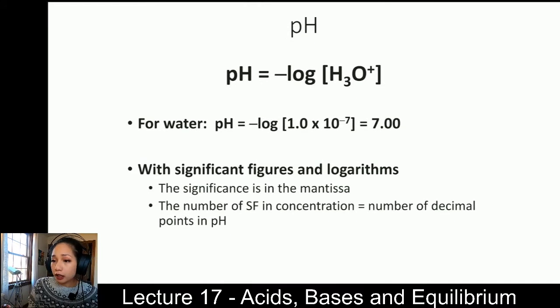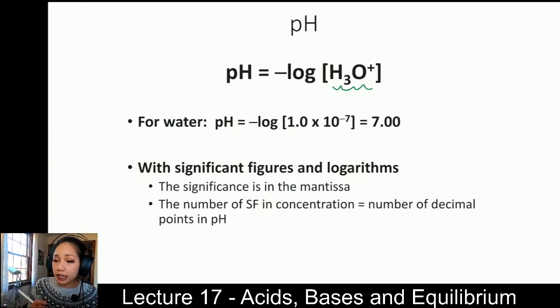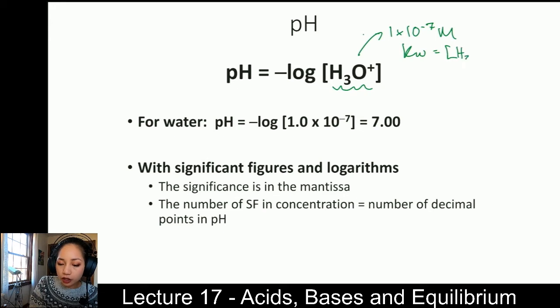All right, so for water, we know that the hydronium concentration in pure water is 1 times 10 to the negative 7 molarity, right? And that is also equal to the hydroxide concentration, right? This comes from our Kw expression. That is the concentration of hydronium times the concentration of hydroxide.